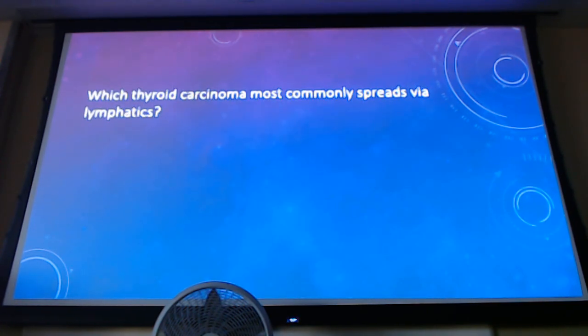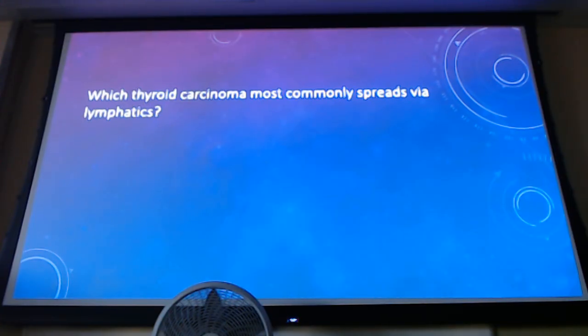Okay. All right, which thyroid carcinoma most commonly spreads via lymphatics? What are our two most common thyroid carcinomas? Papillary, follicular. Out of those two, which one spreads lymphatically? Papillary, good. Think papillary, popular, lymphatics.